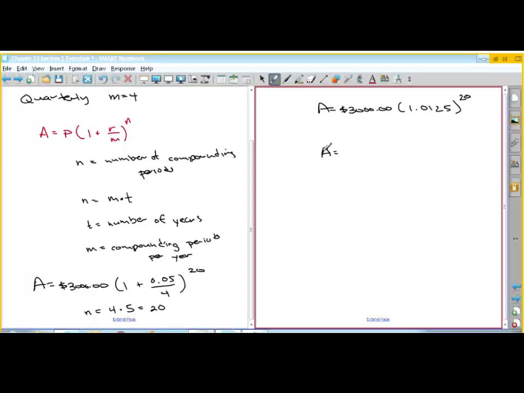So 1.0125 raised to the 20th power is 1.28204. And multiplied by 3,000, and you get 3,000.